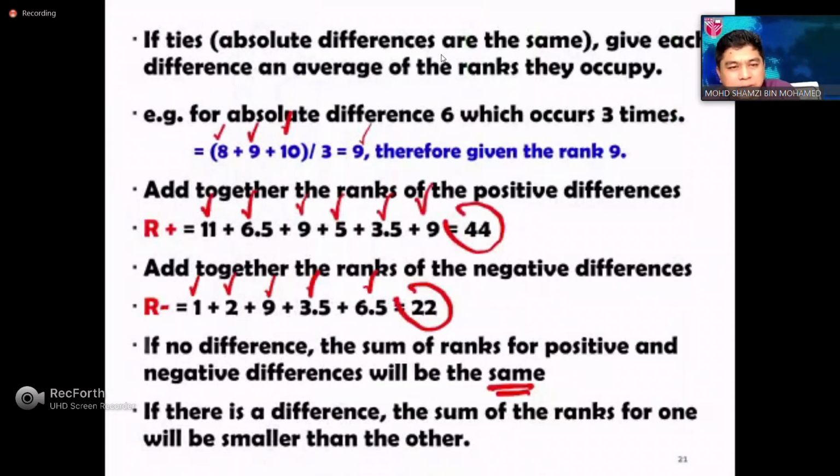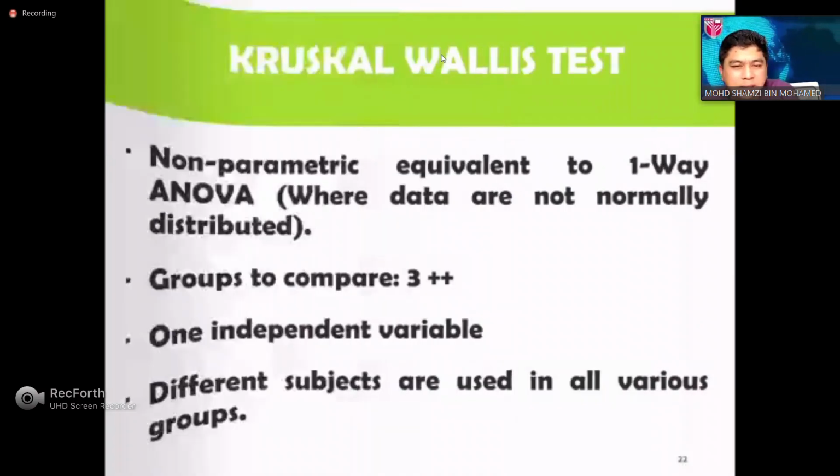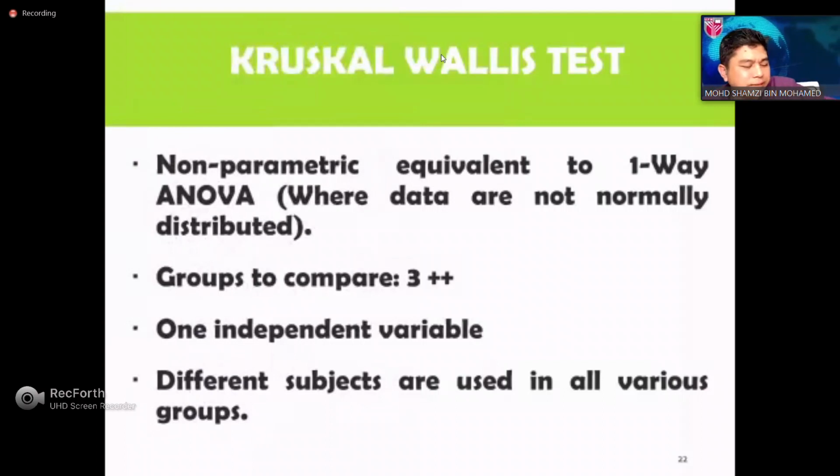Okay, so finally, Kruskal-Wallis is the non-parametric equivalent to one-way ANOVA. If you are reading a data set and you proceed to do a normality test first, and if the outcome says that the data is not normally distributed, then instead of normal ANOVA, go for Kruskal-Wallis.